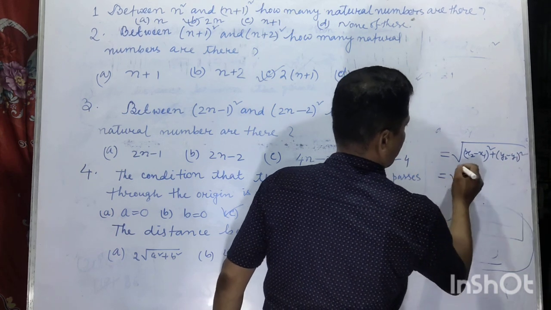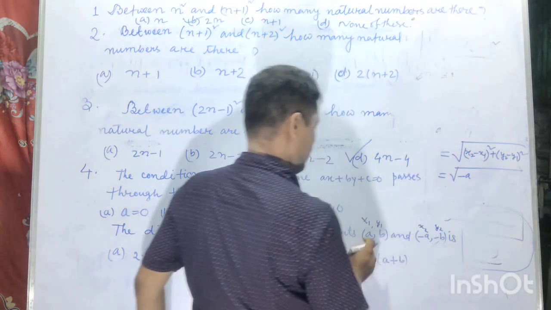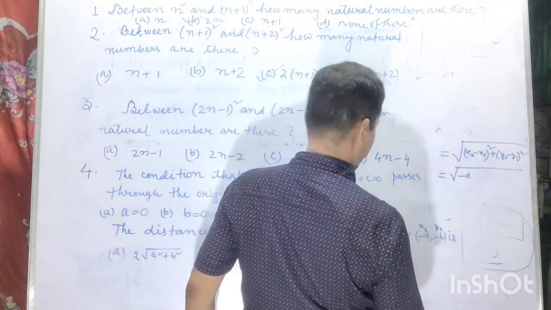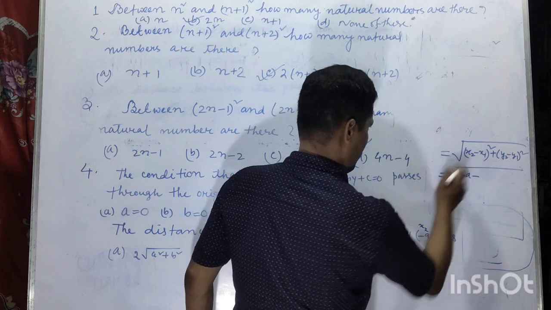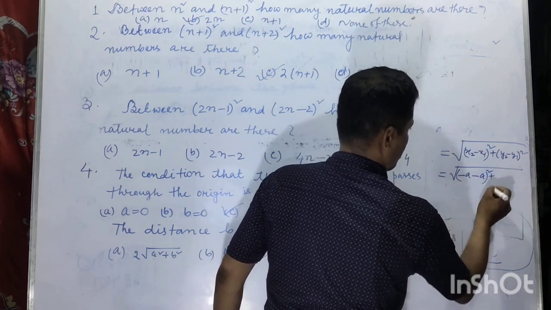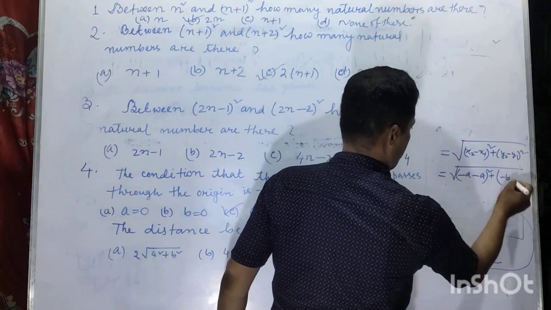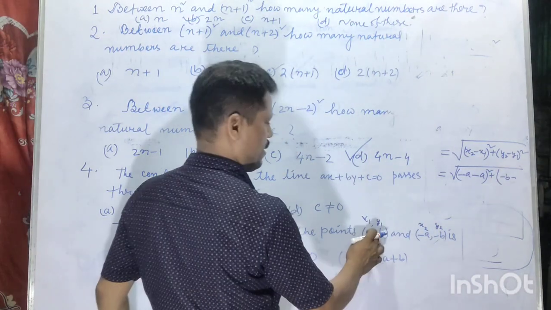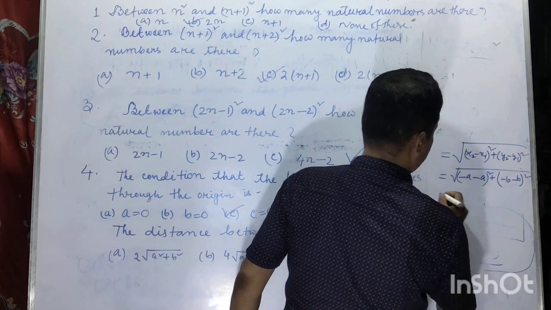Here the x2 value is minus a, and the x1 value is a. Before this x1 value we have to put a minus as per the formula, whole square, plus the y2 value is minus b, and as per the formula minus y1, which is b. So we have to put whole square here.